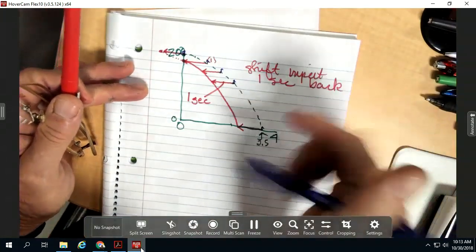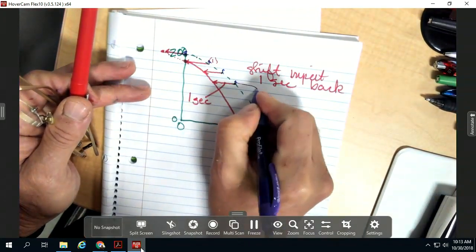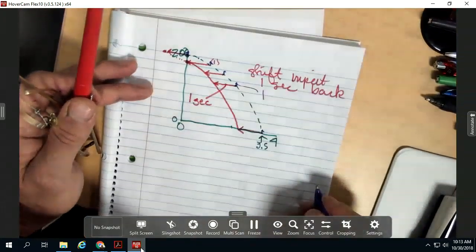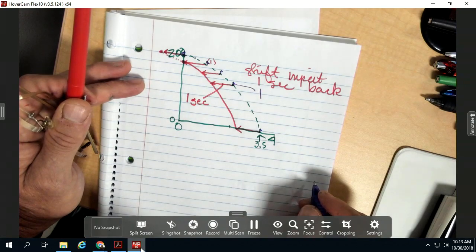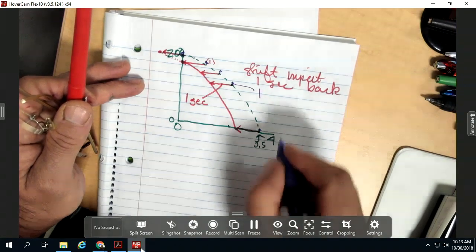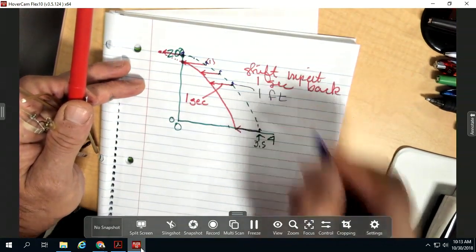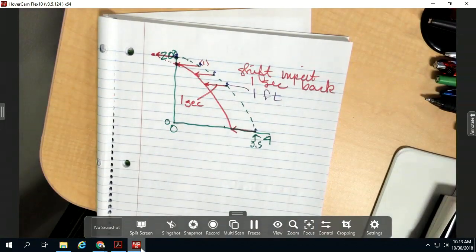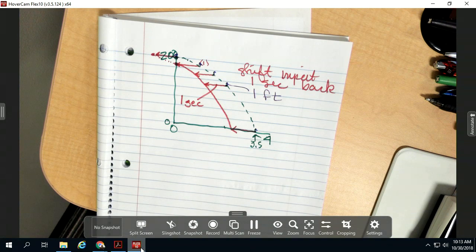This 1 is 1 foot. Okay? So they are the number 1, but if you get the units, you won't be confused.